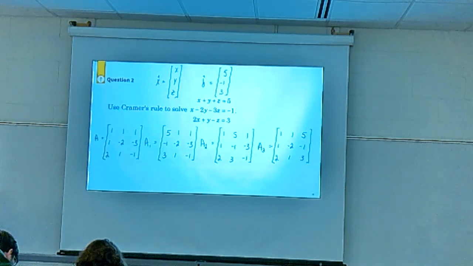Who has a determinant to give me? Which determinant are you gonna give me? Okay, pick one. A is 5. Someone different who has a determinant to give me. I got, for A, -8.